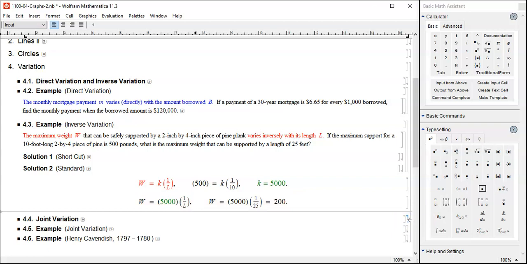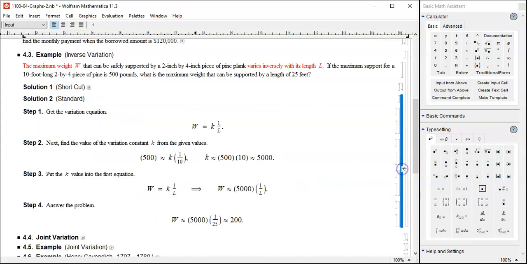Again, please recall this is the 4-step process. Step 1, variation equation. Step 2, plug in the numbers and find k. Step 3, plug in the k value into the variation equation and get the complete equation, the workable equation. Now this is workable, let's work it out. Plug in the numbers and get the final answer.